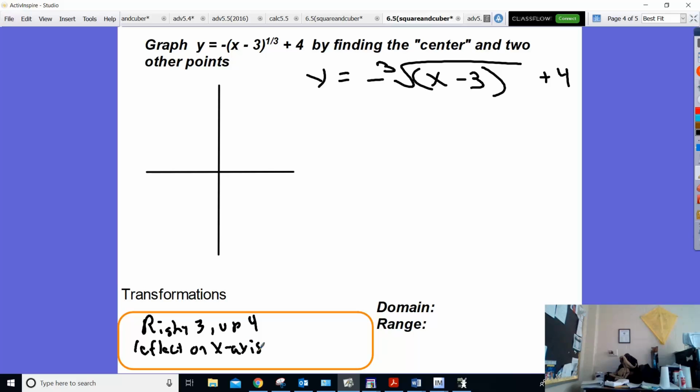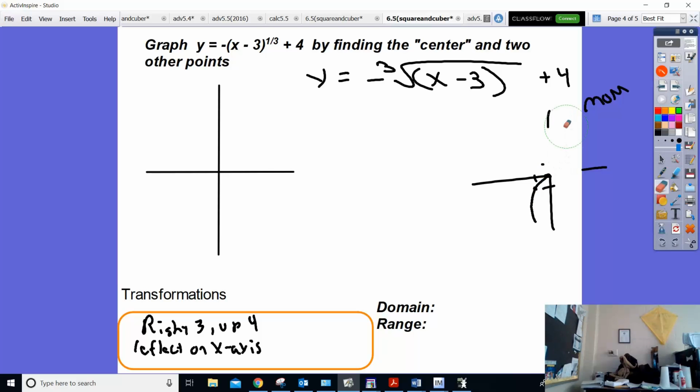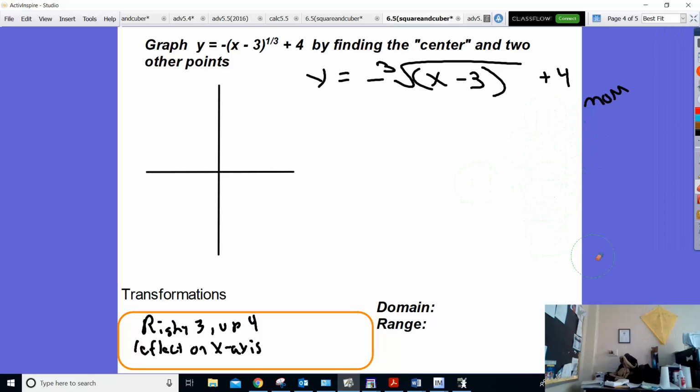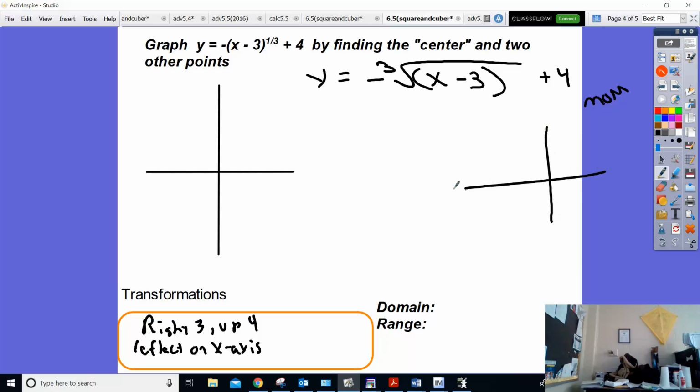I'm going to go ahead and draw mom real quick. Always think about the mom. I only focus on mom's 3 key points. I don't focus on all 5. Oh, this is x cubed. It's cube root x, sorry. Redraw mom. I drew a different mom.